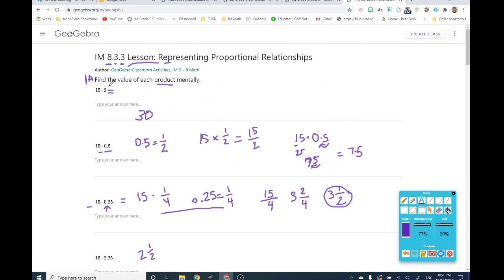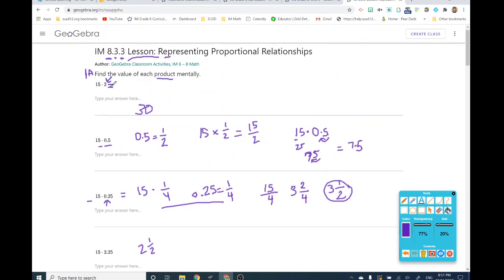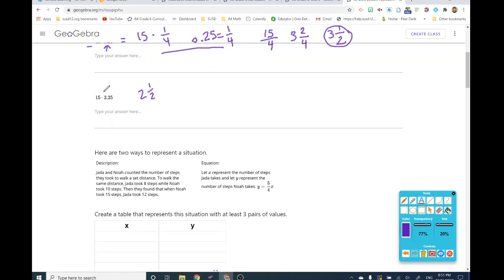Anyway, here is the answer when I multiply 15 times 0.25, and I have the answer for when I multiply 15 times 2. So what about when I multiply 15 by 2.25? Well, you can just add them up. It's the same as 15 times 2 plus 15 times 0.25.